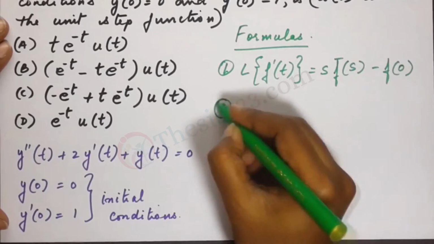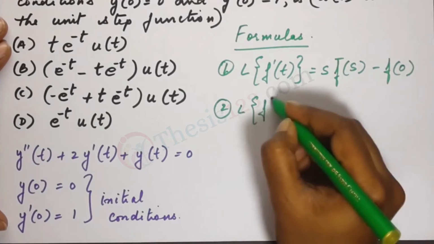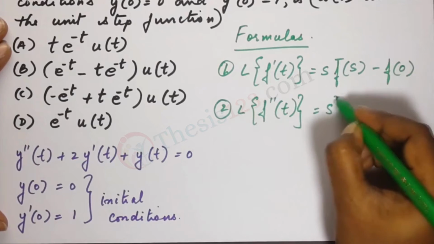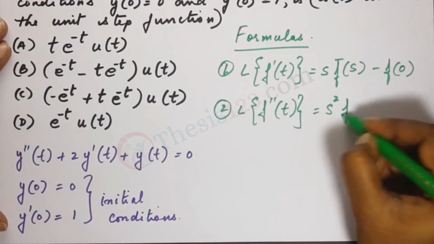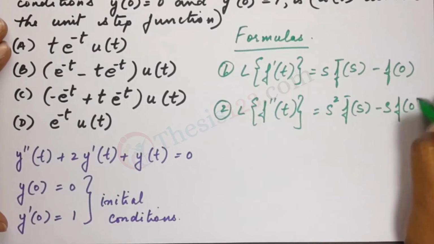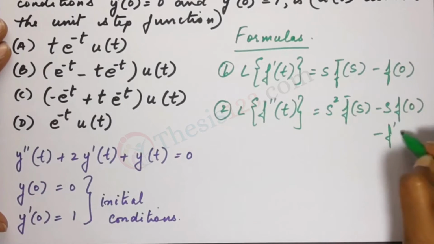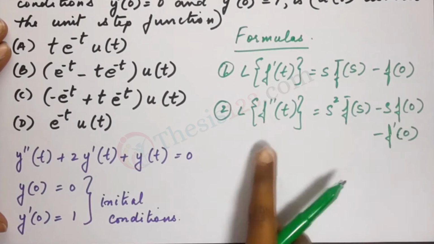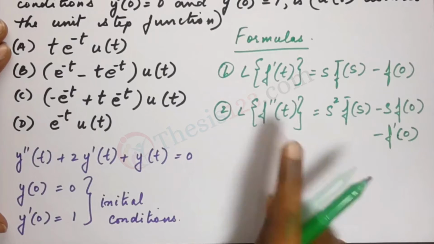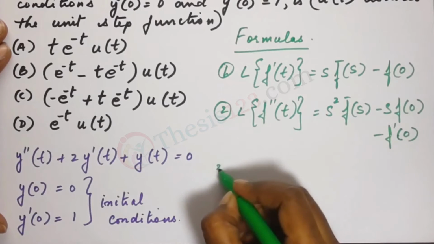The second equation is for f double dash t, and that's s square f dash s minus s f of 0 minus f dash of 0. So this is our formula for the Laplace transform of the second derivative.